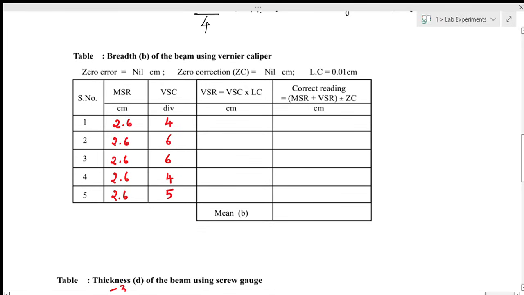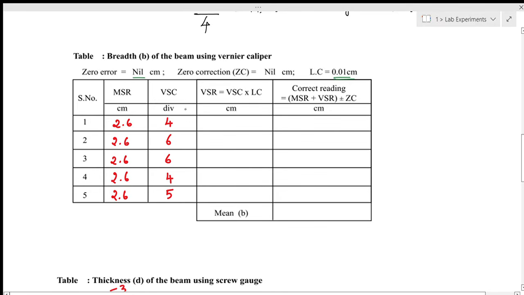Then the breadth of the beam using vernier caliper. The vernier caliper used has no errors and corrections. So MSR 2.6 and VSC, we have obtained this as a sample reading. Vernier scale reading is equal to vernier scale coincidence into least count. The least count is 0.01 centimeter.